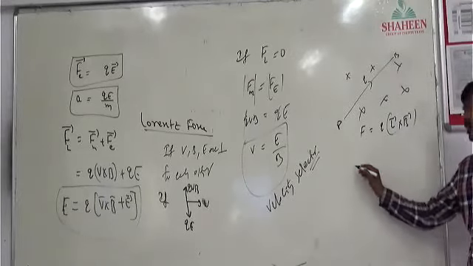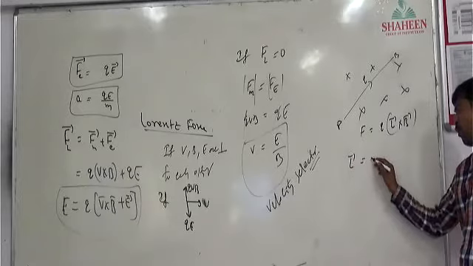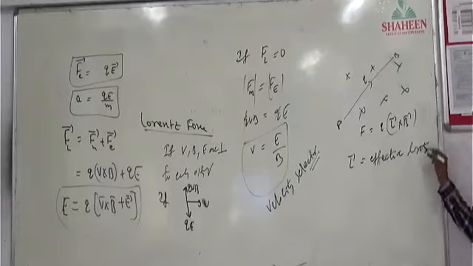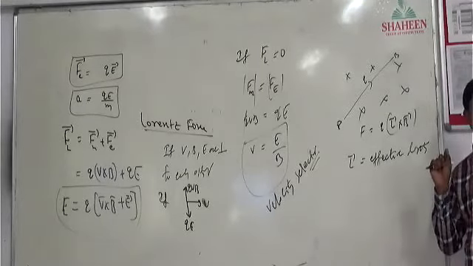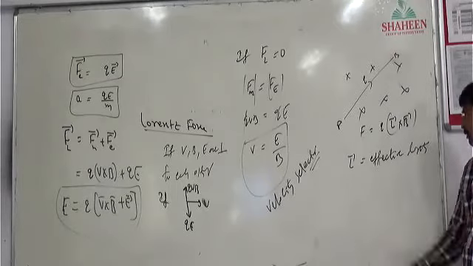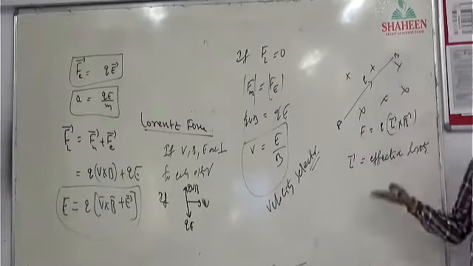But which L? L is the effective length, as we call it. Effective length means the shortest length between the initial and final point. It's a straight wire, so the shortest path is direct only.